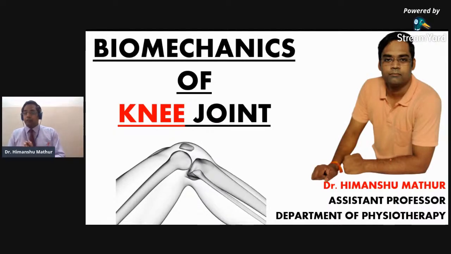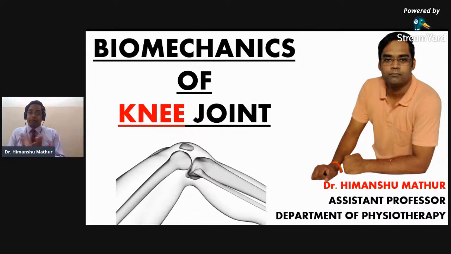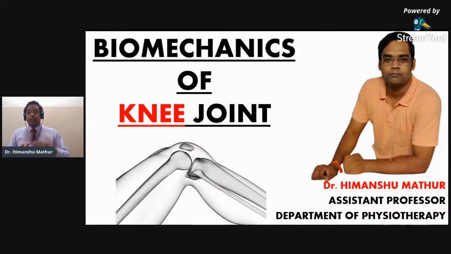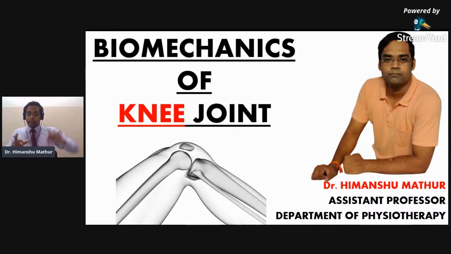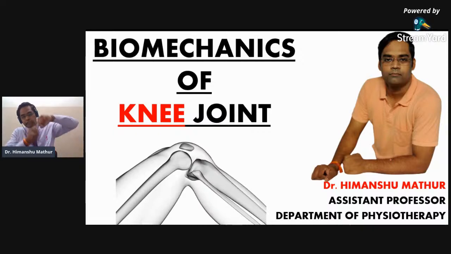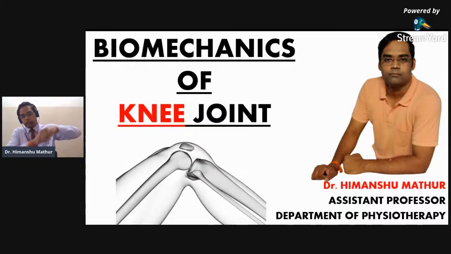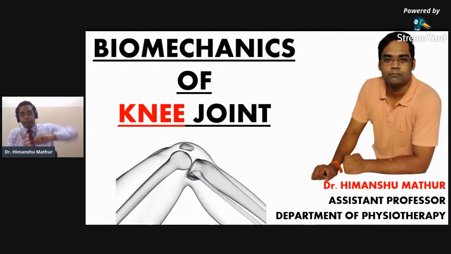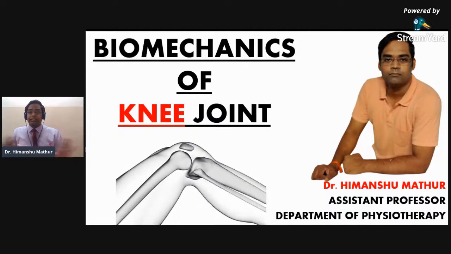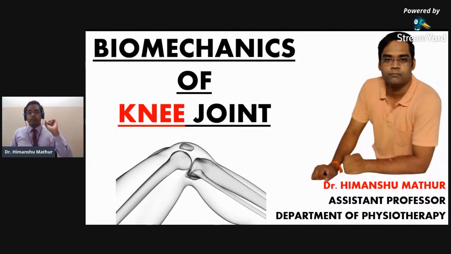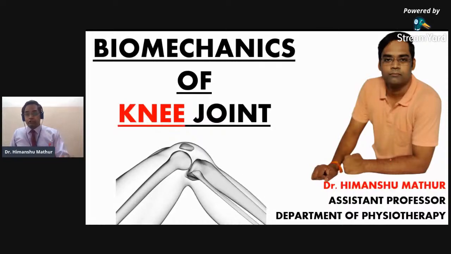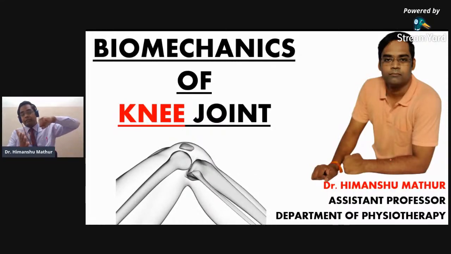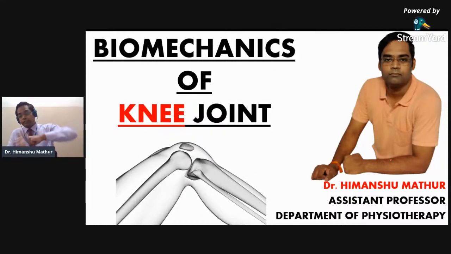Because of that, we require some structure that could dampen it, that could create a concavity, a hollow there, because the condyle of the femur is a thick, bulging prominence. If the surface is completely flat, there will be no geometrically articulated joint if we directly keep the condyle of the femur over the tibia.